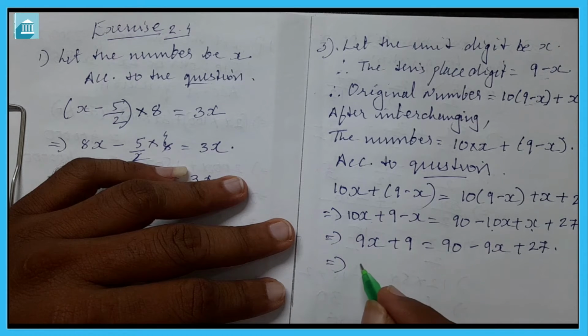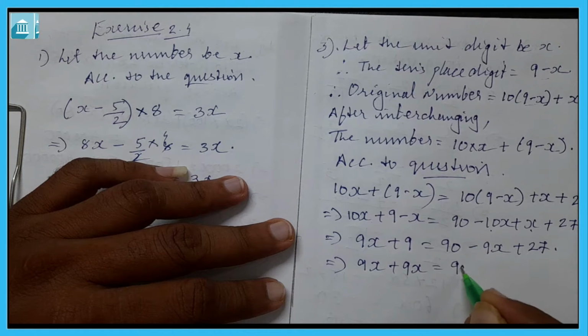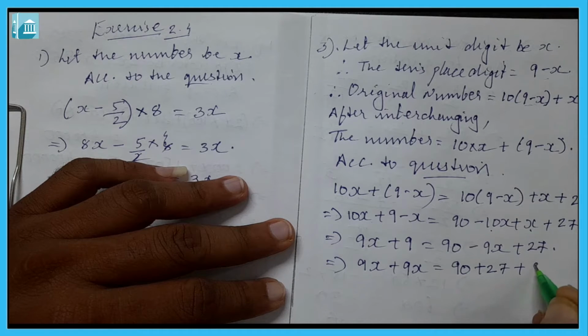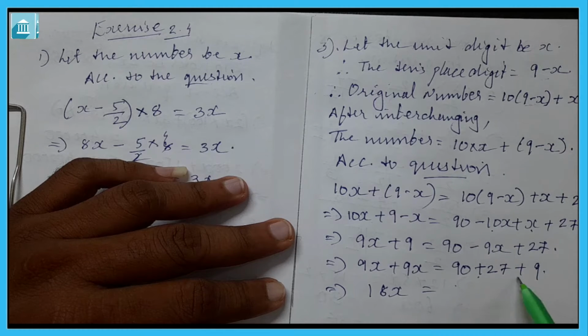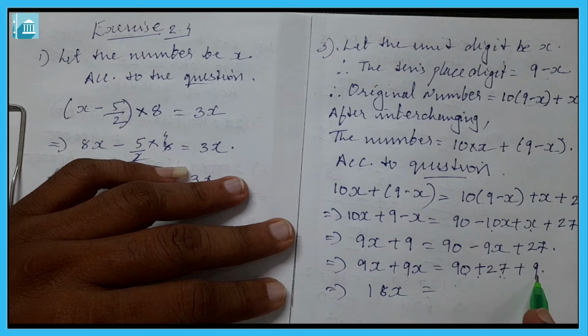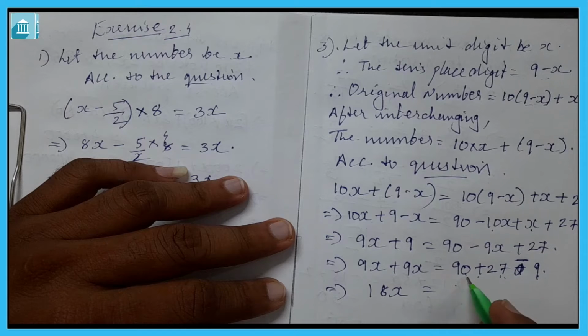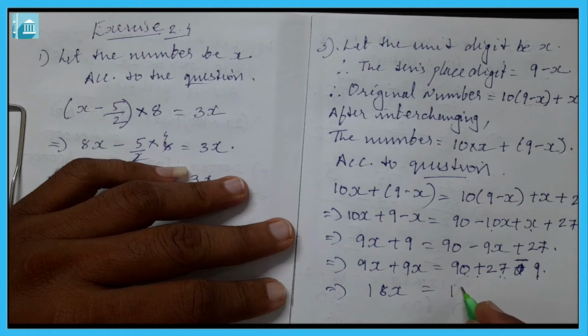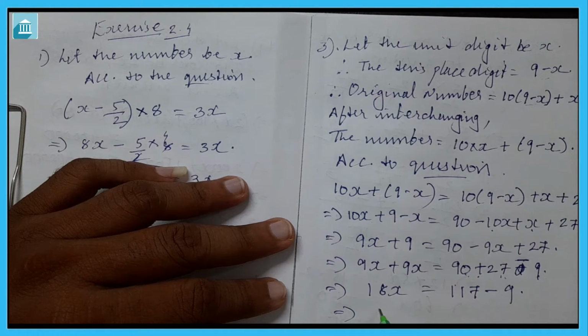Now 9x plus 9x is equal to 90 plus 27 minus 9. 9x plus 9x is 18x, equal to 117 minus 9, which is 108. x is equal to 108 upon 18. So x is equal to 6.